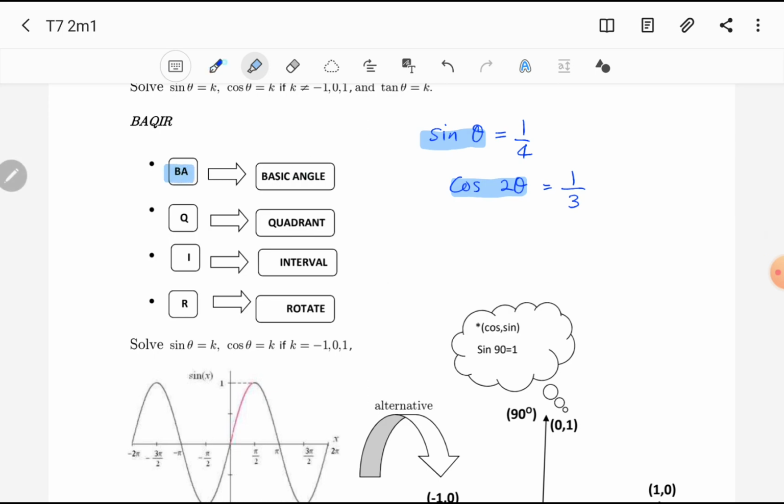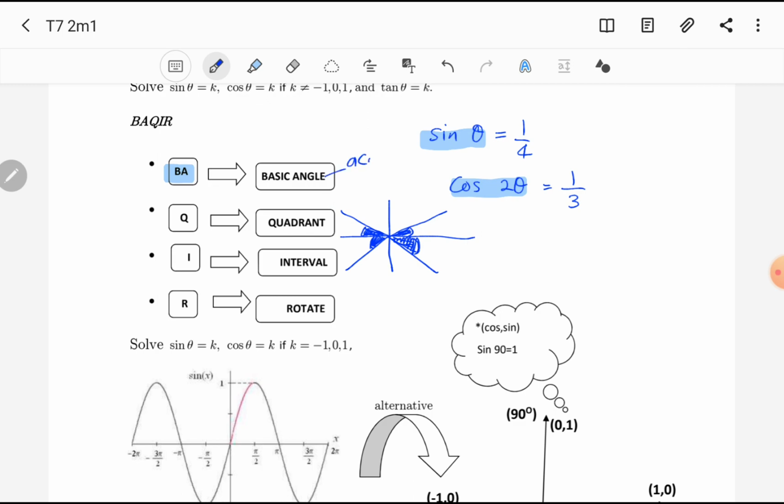Basic angle is the reference angle, and it attaches to the x-axis. Either here, or for the second quadrant down here, or for the third quadrant, the one close to the x-axis, or for the fourth quadrant, the one close to the x-axis.